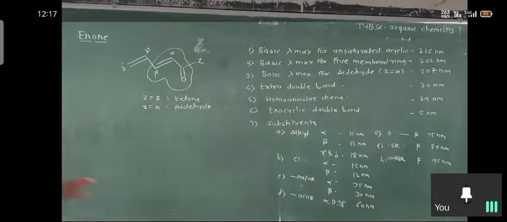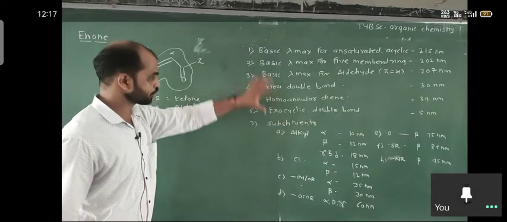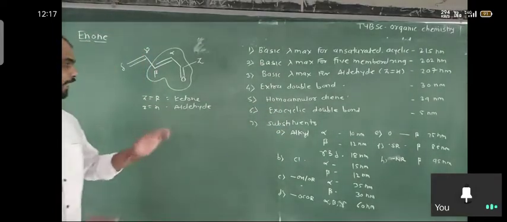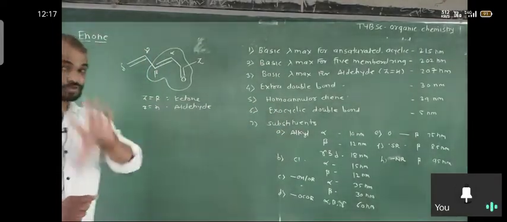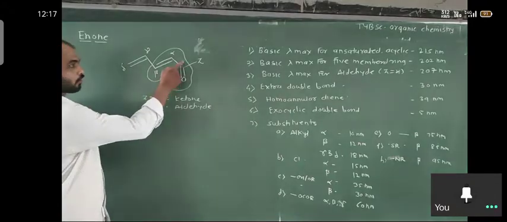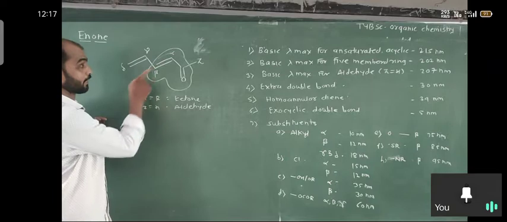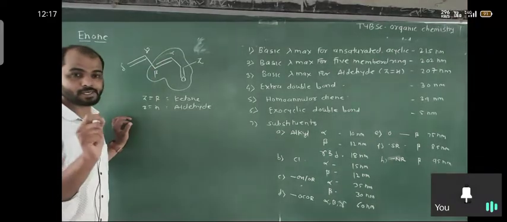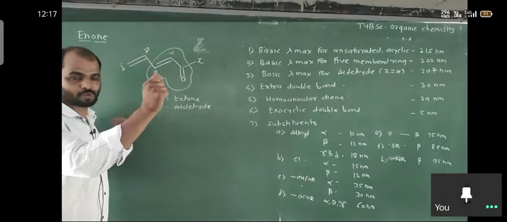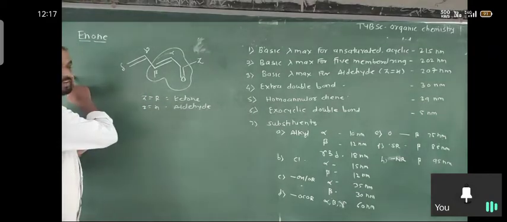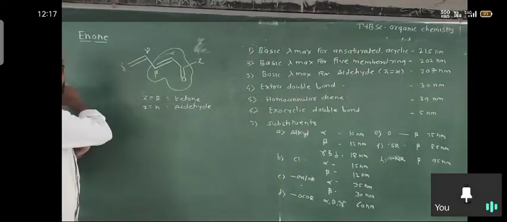So these are the values which are given to you. Using those values, you can calculate the lambda max. So first of all, understand the basic enone, then label the alpha, beta, gamma, delta or higher than delta. Okay. So from delta onwards, each has the same value.